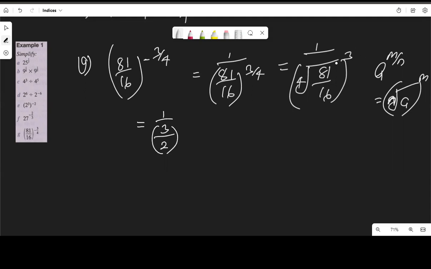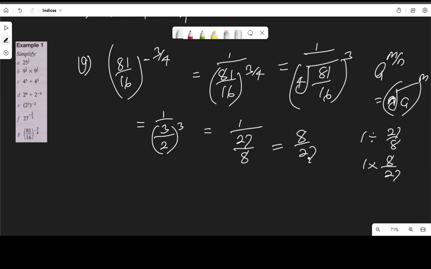Then to the power of this 3 here, I have 3 to the power of 3 is 27, and 2 to the power of 3 is 8. This is 27 over 8. That is 1 divided by this is like saying 1 divided by 27 over 8. And when we divide by a fraction, the sign of division will change to multiplication. Then we multiply by the reciprocal of the second fraction. That is why we have this.